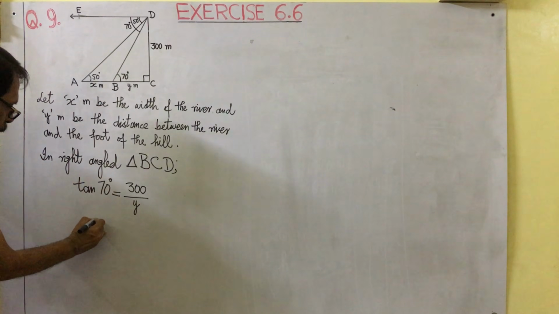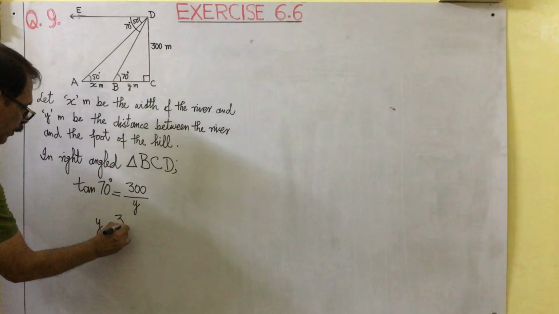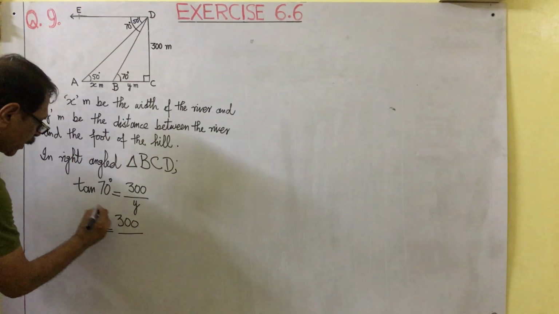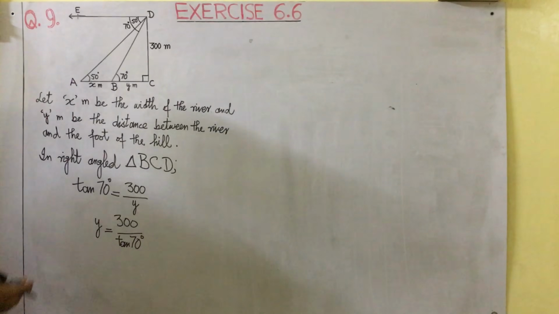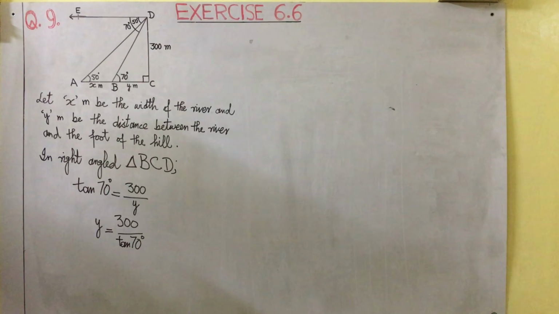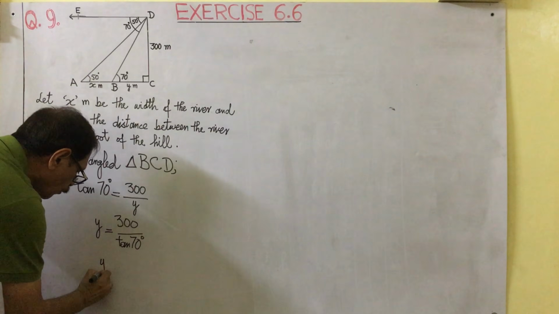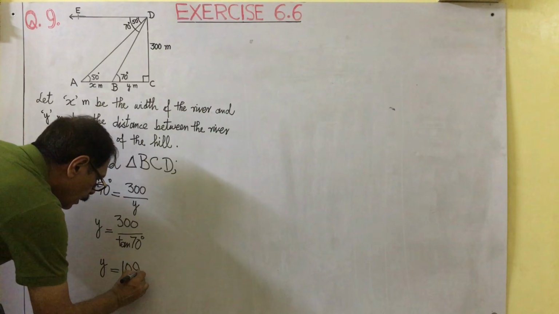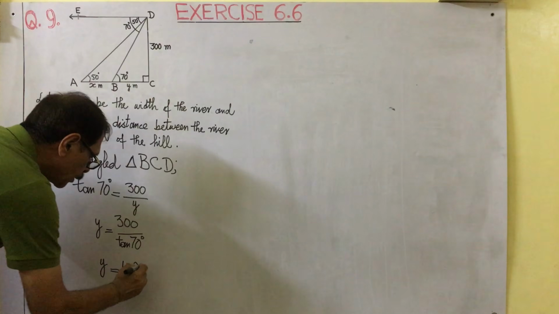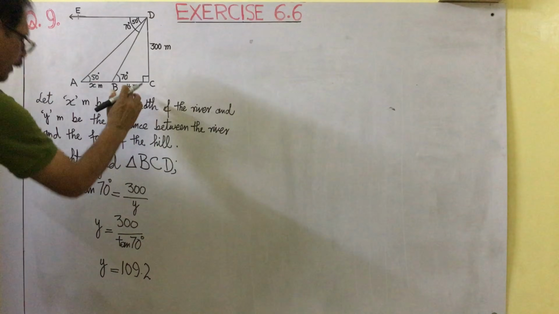Y is equal to 300 over tangent of 70 degrees. Let us calculate it. 300 divided by tangent of 70 degrees. Y is equal to 109.2 meters.